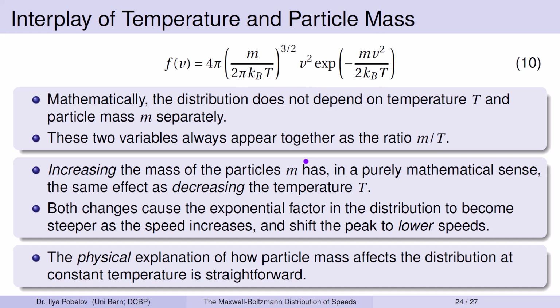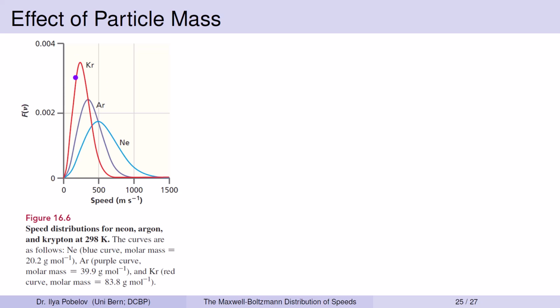However, beyond this mathematical observation, the physical explanation of how particle mass affects the distribution at constant temperature is straightforward. Look at this figure, which shows the Maxwell-Boltzmann distribution for three gases: neon, argon, and krypton at 298 Kelvin.